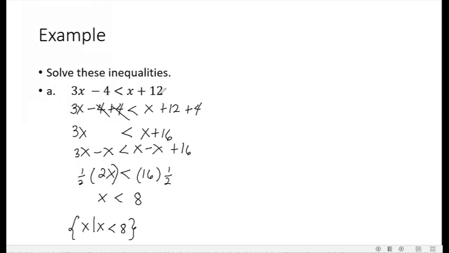Okay, so we can verify if our value of x, which is all real numbers less than 8, is correct by checking. Let's check in the original inequality, 3x minus 4 less than x plus 12. Let's give a value of x which is less than 8. We can use 0.